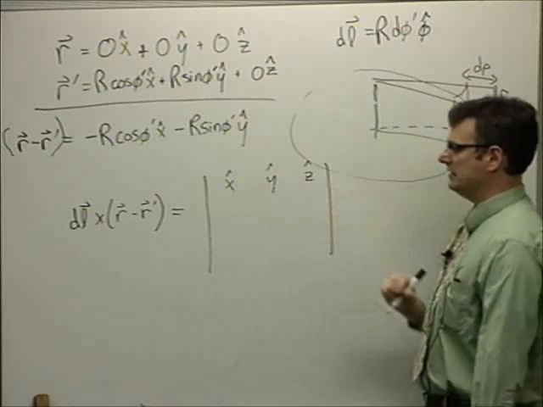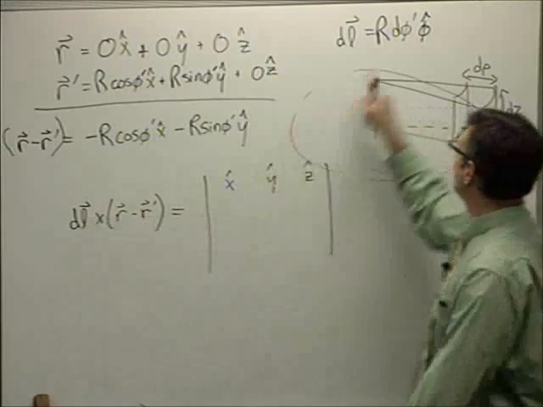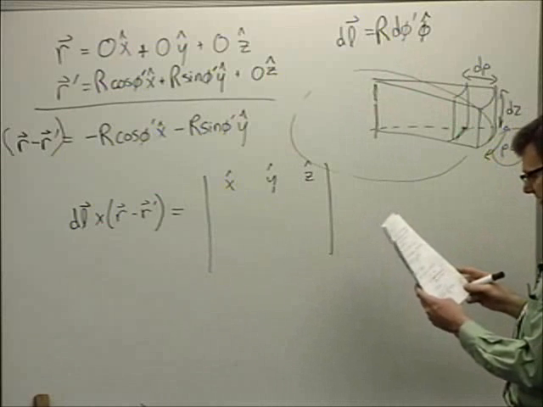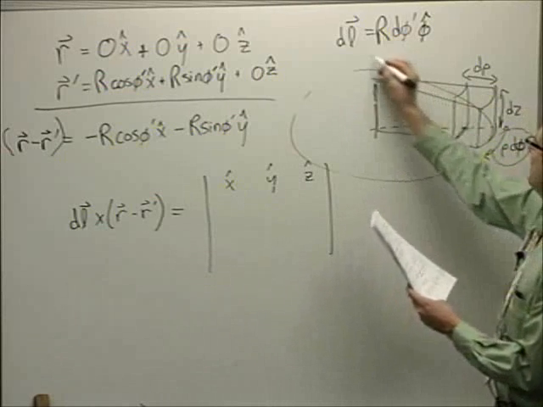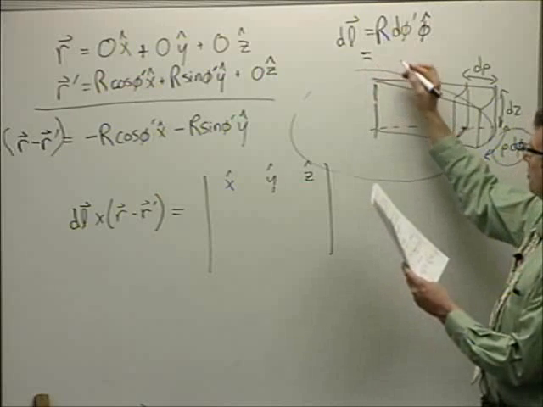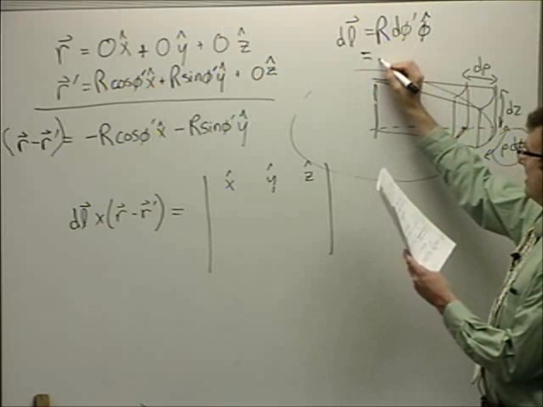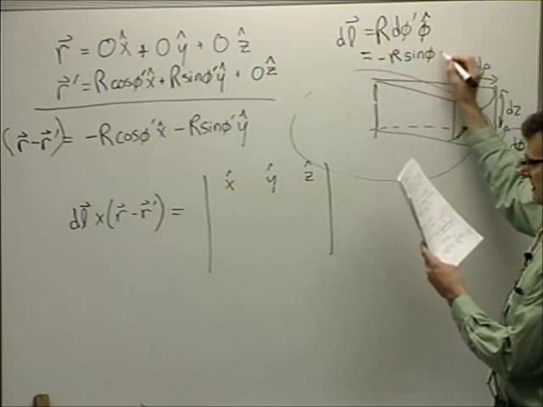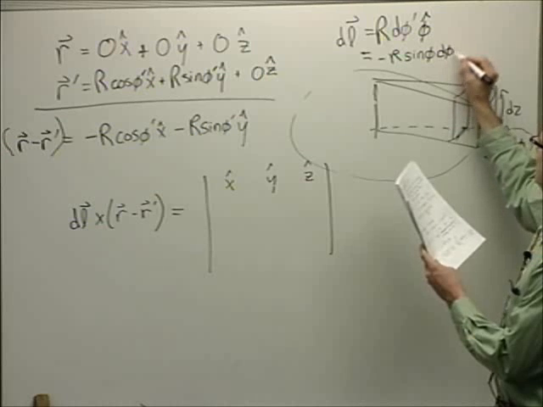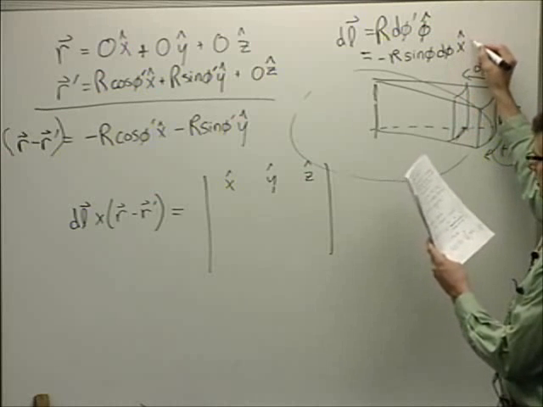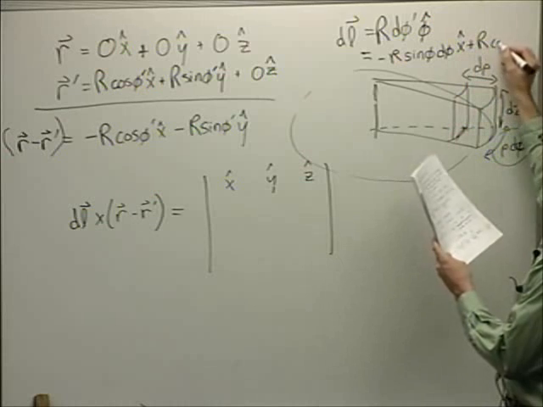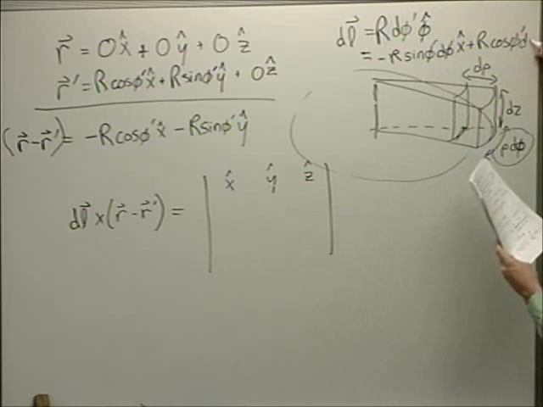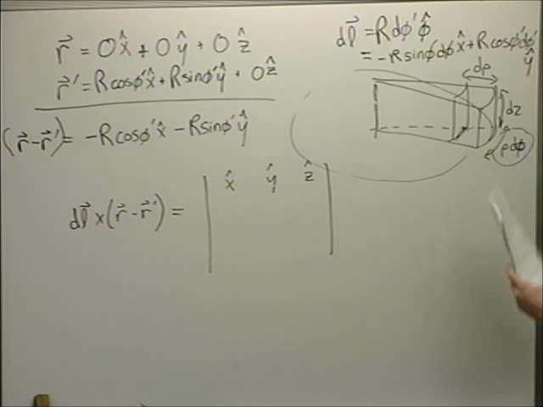X, Y, and Z. I put my first thing here. It's in the phi hat direction. Well, let's see. What does the phi hat direction look like? If I expand this out into Cartesian coordinates, I can write this as minus r sine phi d phi in the x direction plus r cosine phi d phi in the y hat direction.